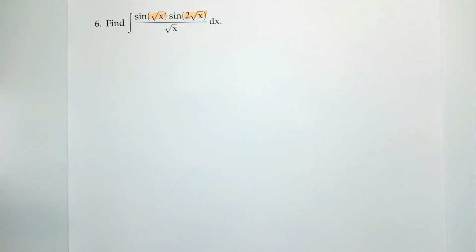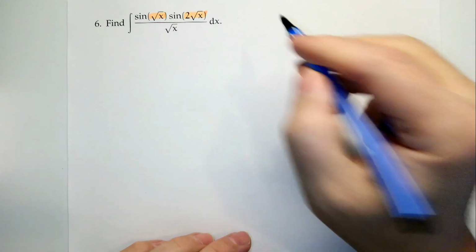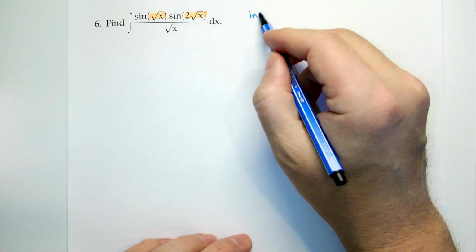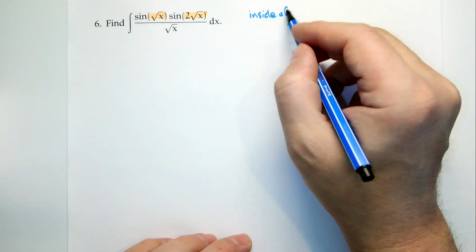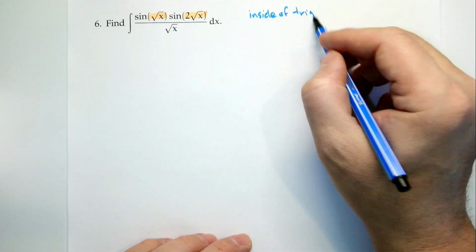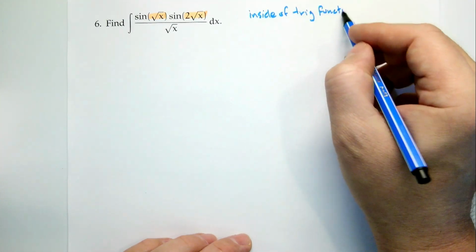What that's telling me is that what I'm plugging into the inside of the functions are not exactly the same. It's like apples and other types of apples. They don't mix really well. What you want is for the inside of the trig functions to be the same. Right now they're not the same. So what can we do?